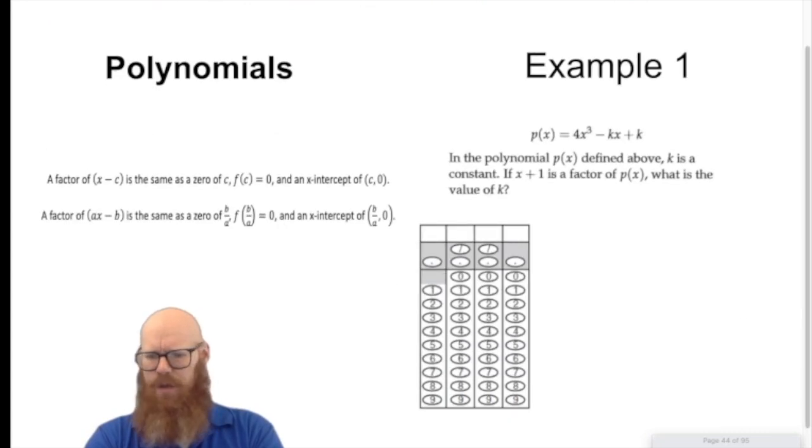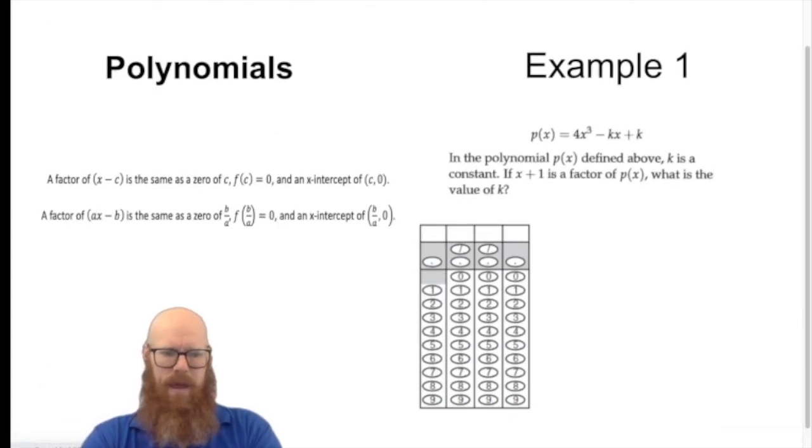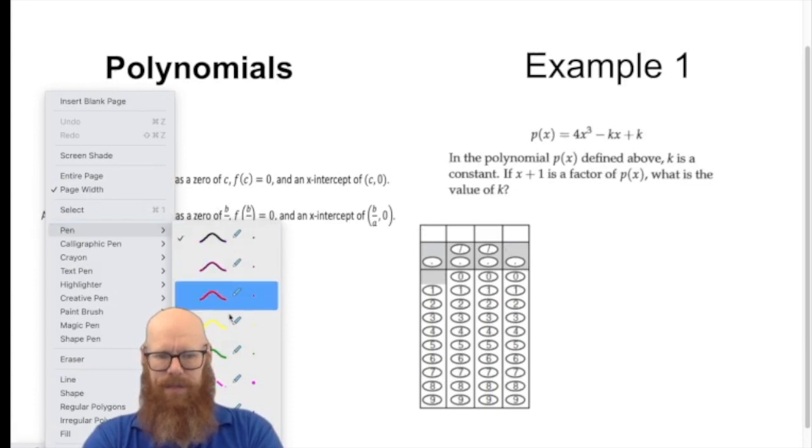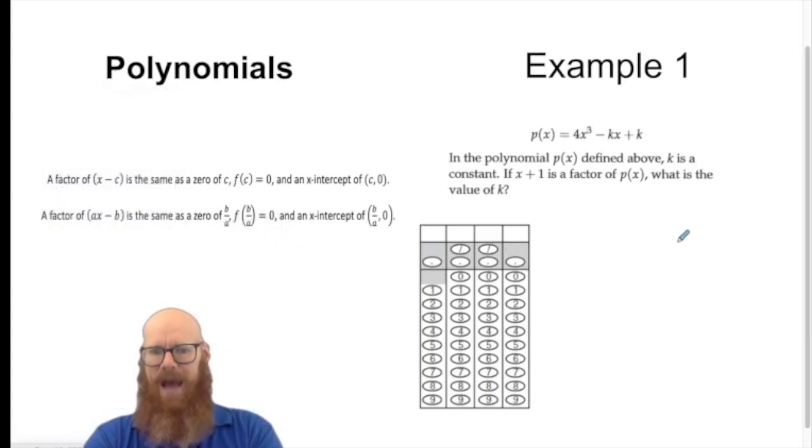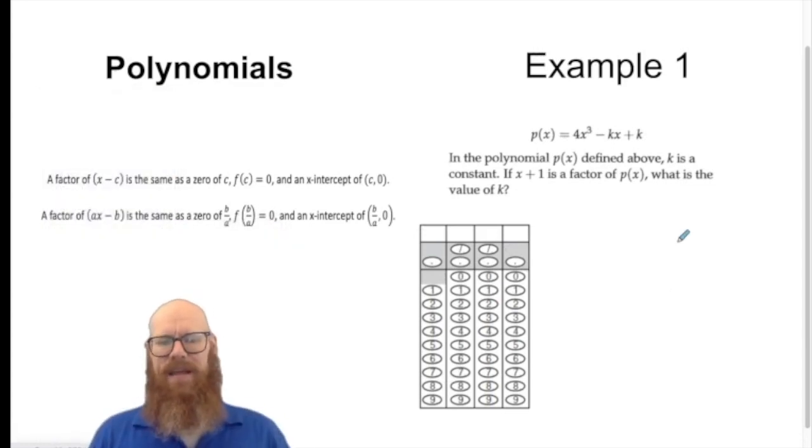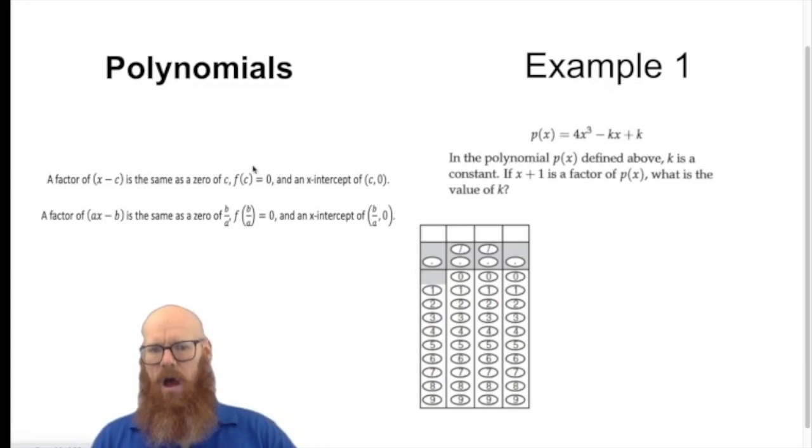We've got 2 examples here. Our first example has to do with them giving you something as a factor, and we have to know the relationship between a factor, a zero, and an x-intercept.